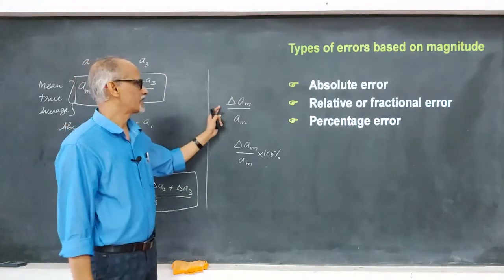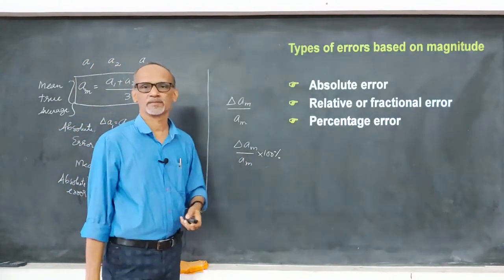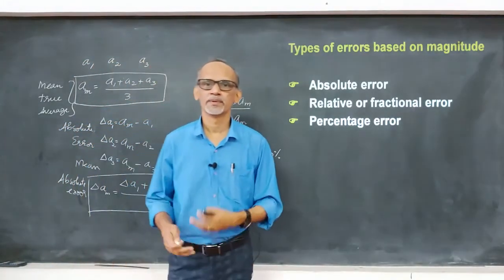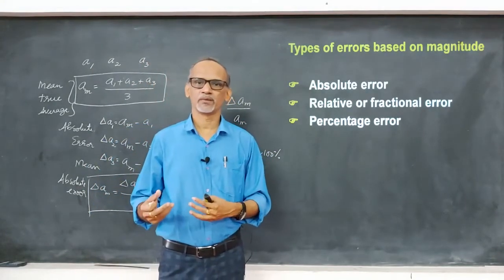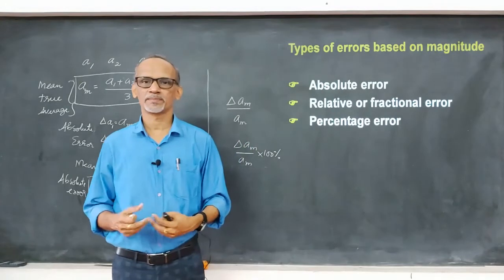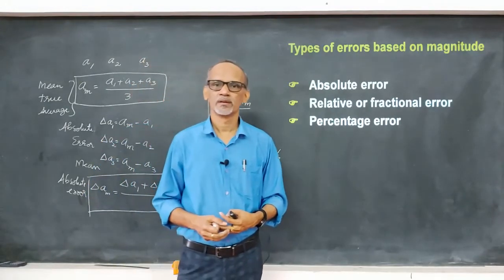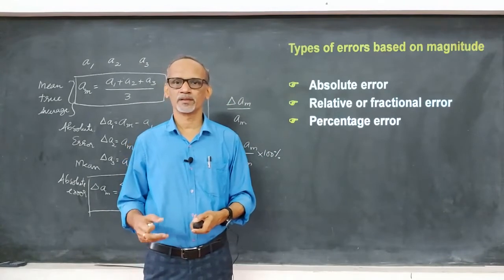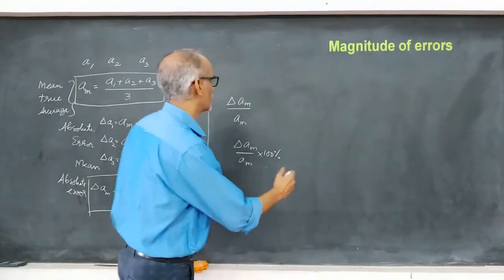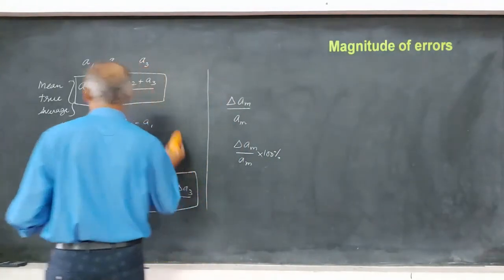And then the fractional error expressed in terms of the percentage is called the percentage error. So while multiplying, dividing, adding, subtracting, you need to follow certain equations in finding the fractional error or the percentage error, and that is what we are going to learn next.